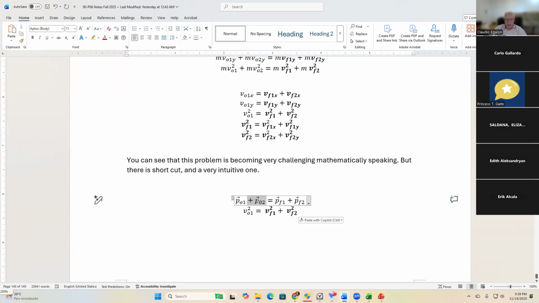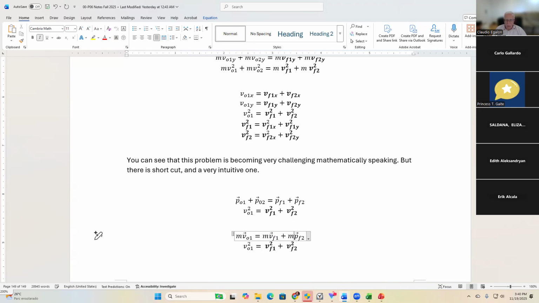Because the initial velocity of the second mass is 0, right? We can eliminate this term, right? So here you go. And on top of that, because those two masses are the same, we can write down that M V01, right? M VF2, VF1.